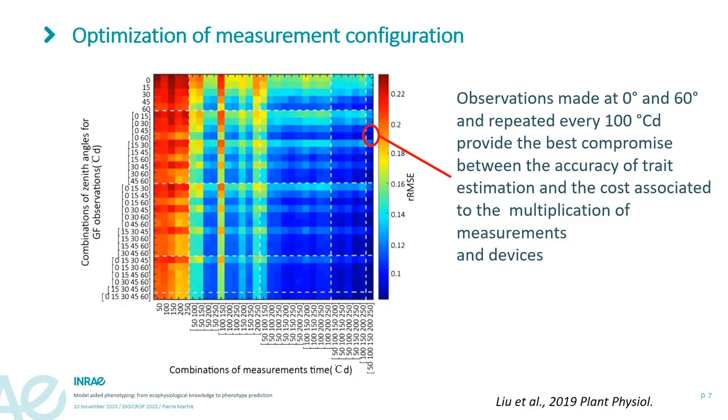Therefore, we developed a simulation protocol to evaluate a large number of combinations of sensor configuration and measurement return time, and we found that the best compromise between the accuracy of trait estimation and the cost associated with the multiplication of measurements and devices is when measurements are made at 0 and 60 degrees from the vertical and repeated every 100 degree-days.